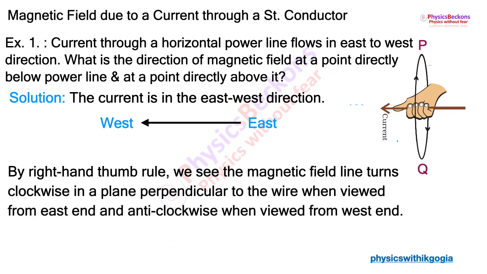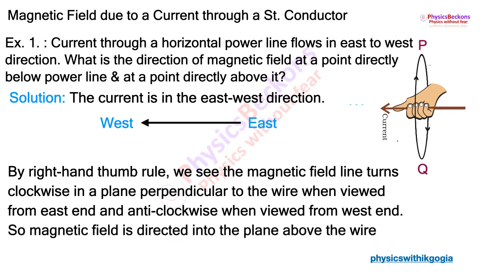So, the magnetic field is directed into the plane of paper above the wire and out of plane of paper below the wire. That is, at Q it points towards you, at P it points away from you.